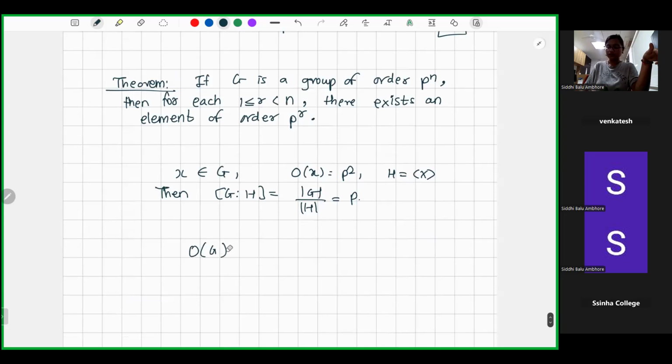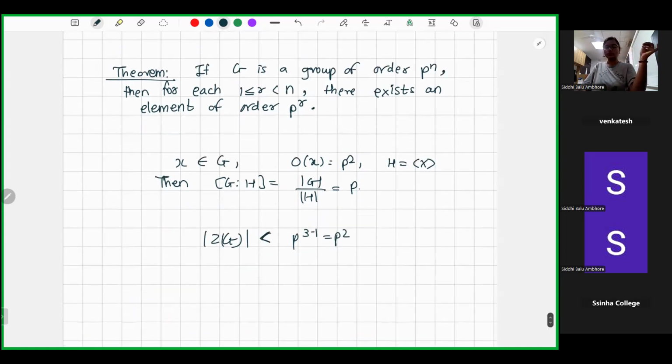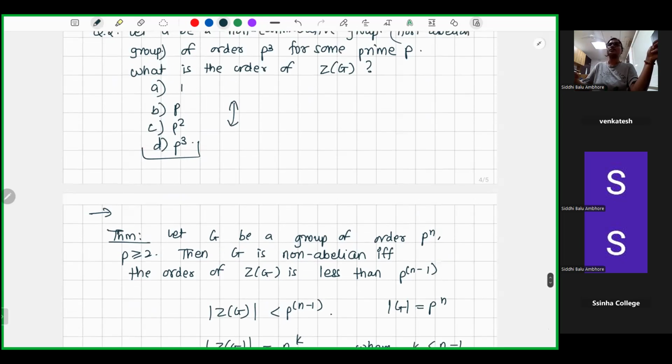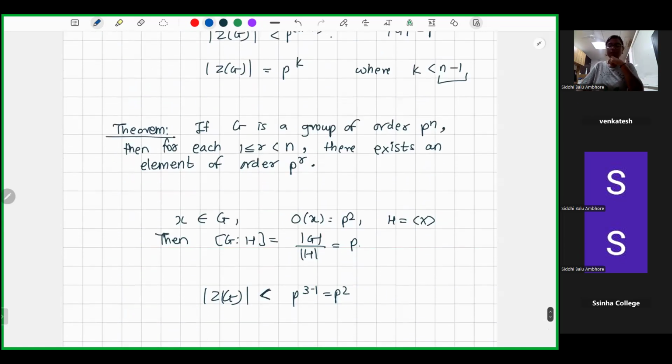So I want to say that the order of Z(G) here must be strictly less than P power 3 minus 1, that is P square. So since the order of Z(G) must be strictly less than P square, it has to be this P. Okay, I hope this is clear.